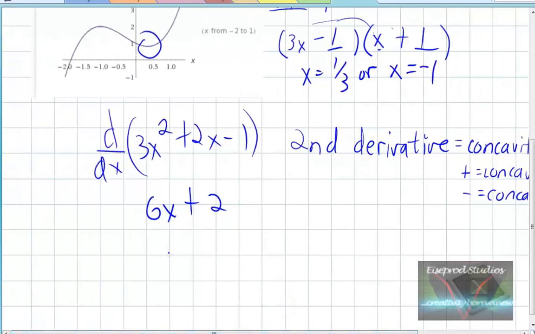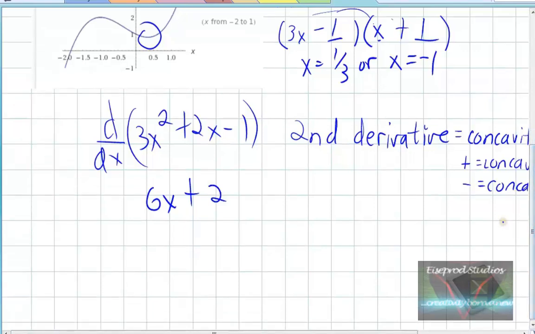We can do this one of either two ways. We can either solve for 0 and figure out where it is and isn't positive and negative, or we could just plug in what we already got and see if it's positive or negative and see if it's concave down or concave up. So let's go ahead and try that.